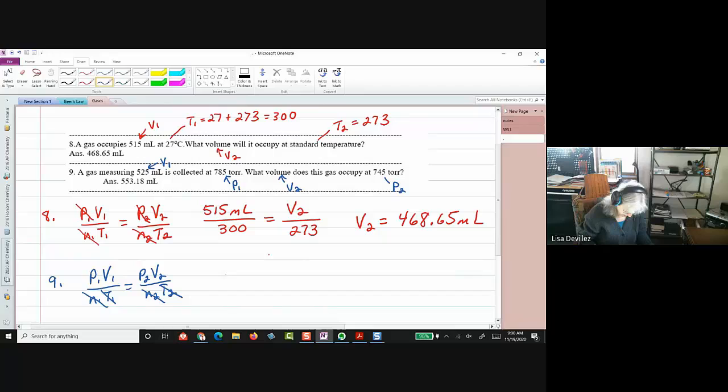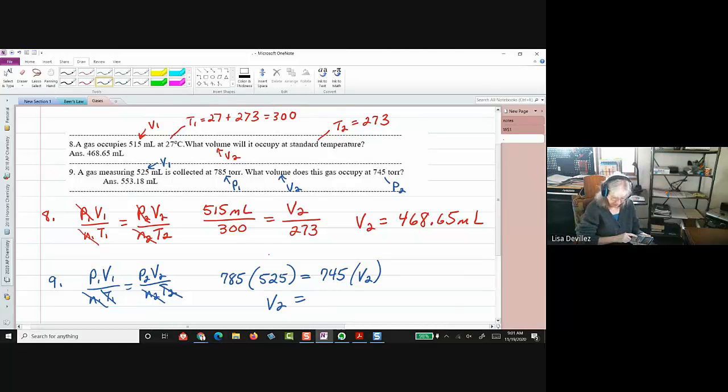I have 785 times V1, which is 525, equal to 745 times V2. So V2 is 785 times 525 divided by 745. I'm getting 553.2 milliliters on there.